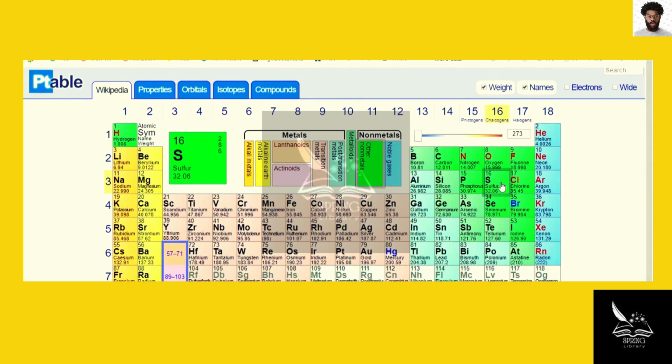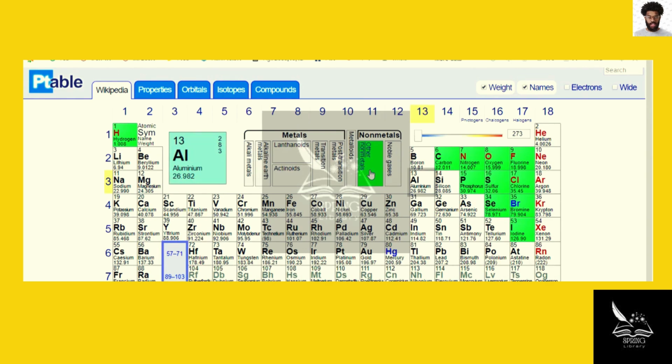And the next portion asks us which region of the periodic table contains elements that can have both positive and negative oxidation numbers. So if we look at this periodic table here, only the green region, which is non-metals other than the noble gases.